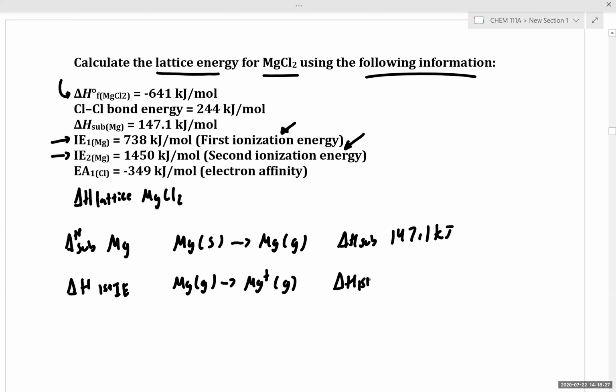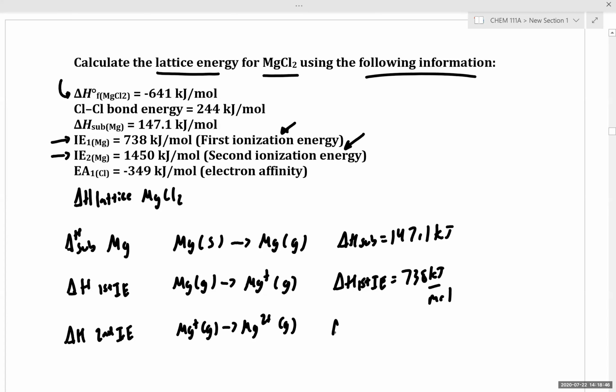This is our first ionization energy, and that's equal to 738 kilojoules per mole. The enthalpy for our second ionization energy, going from magnesium plus to magnesium 2 plus, gives us an enthalpy of 1,450 kilojoules per mole.